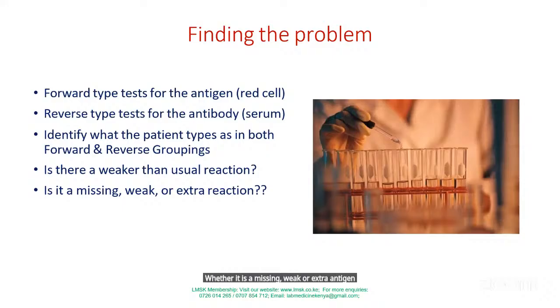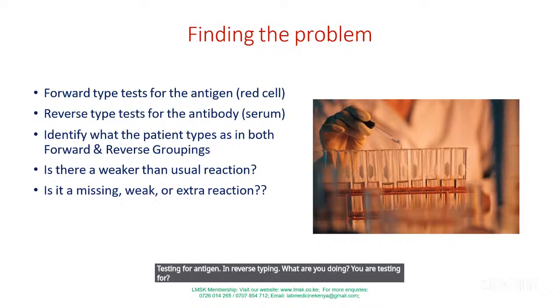If that weak reaction is on the reverse typing, then this is the question you ask: is it a missing, weak, or extra antibody? Because in forward typing, what are you doing? You are testing for antigen. In reverse typing, what are you doing? You are testing for antibody.